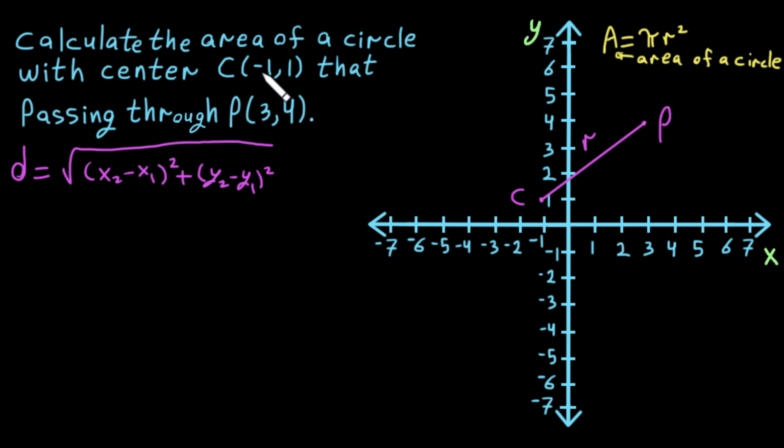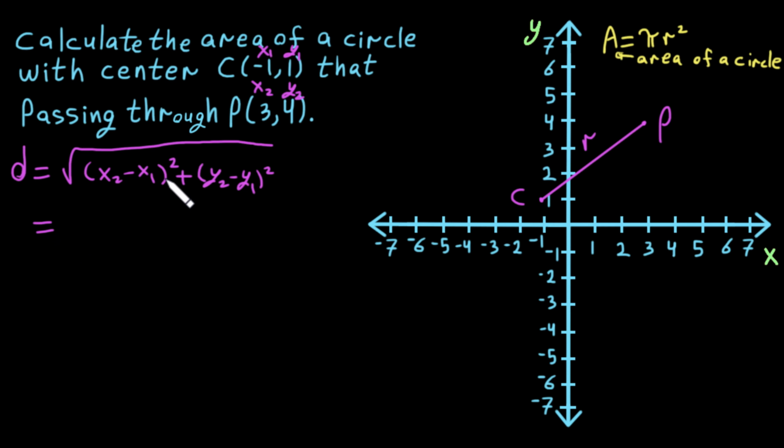Here the first point is C, so x1, y1. The second point is P, which is x2, y2. By plugging in x1, y1, x2, y2, we will find the radius r, which represents the distance from C to P. So if we calculate the distance, it will be the radius of the circle.